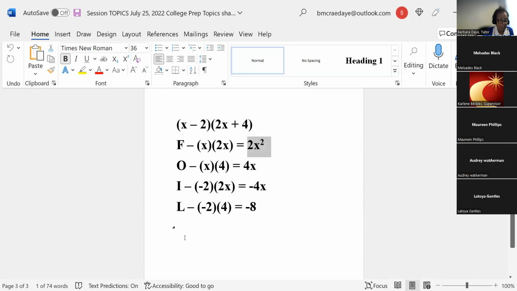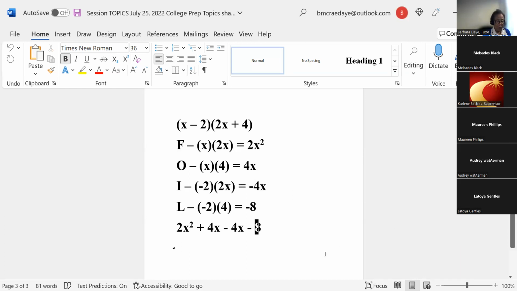So I put 2x squared, and I put plus 4x, and then I have a minus 4x, right? Let's put that there, minus 4x. And then I put the last, a minus 8. Now let's combine them.